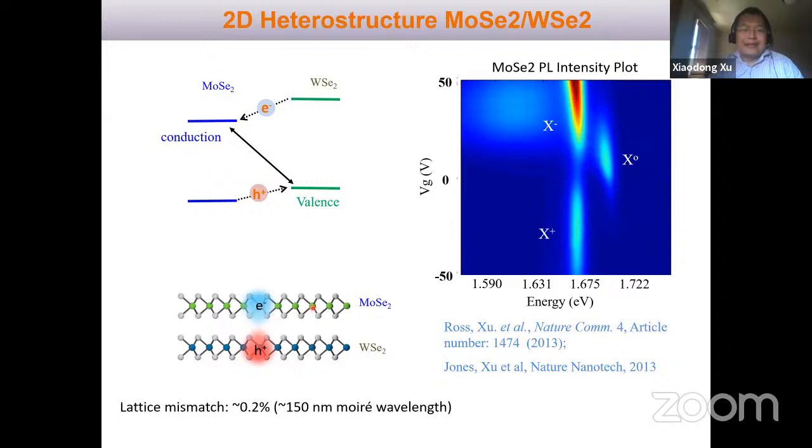So we have spatially separated electron and hole pairs, and they talk to each other through Coulomb interactions. Then we form these so-called interlayer excitons, or spatially indirect excitons. And luckily for this system, the lattice mismatch between the two monolayers is quite small, actually 0.2%. This means we can create a Moiré superlattice as large as 150 nanometers in terms of Moiré wavelength.